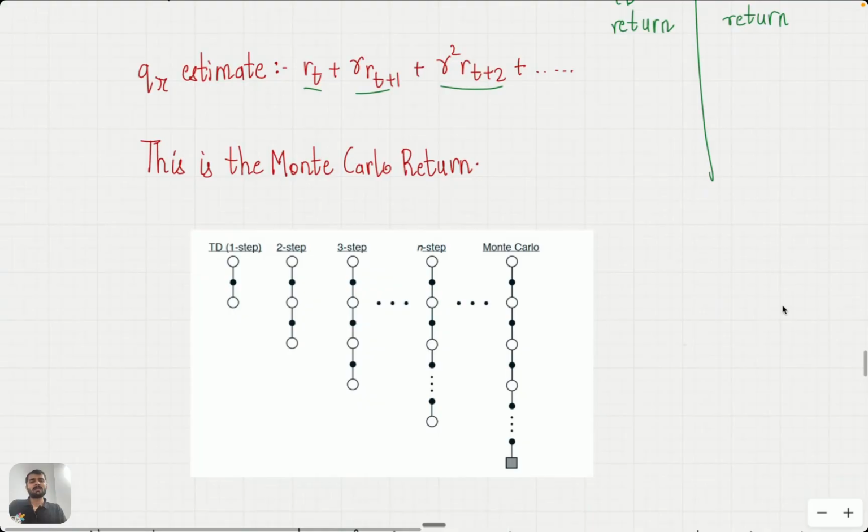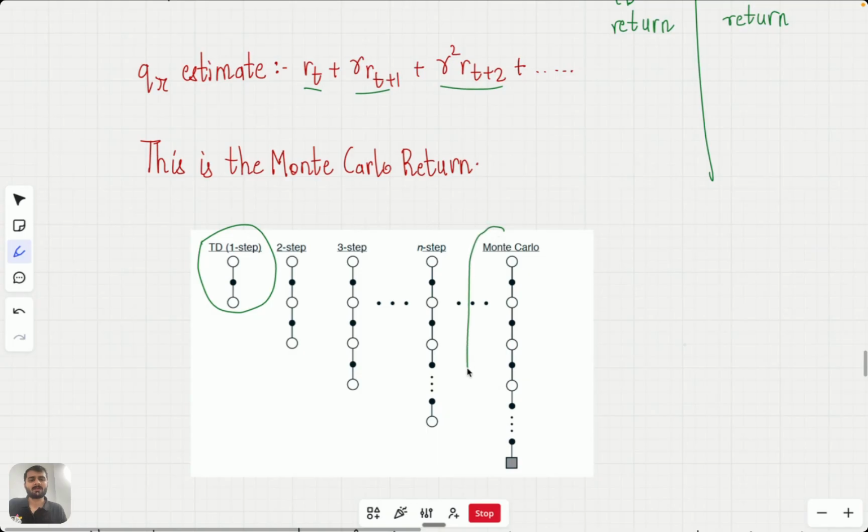And this is depicted very nicely in this diagram. For a one-step backup, you have a temporal difference target which is used as a proxy, but for an infinite-step backup, you have a Monte Carlo return, and in between you have the two-step, three-step backups. These hollow circles are the states: S_{t+1}, S_{t+2}, and S_{t+3}.